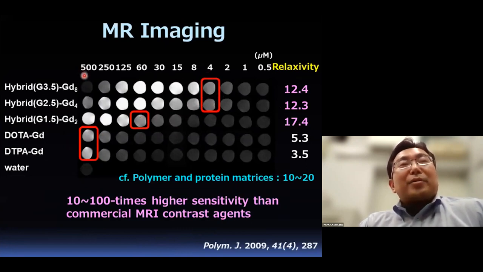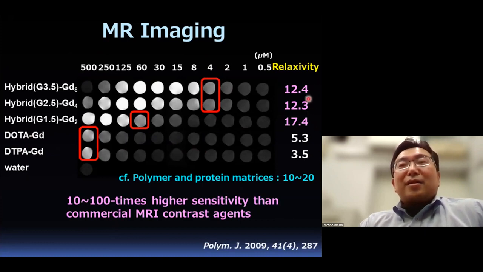And by comparing the minimum concentration values, we can accomplish detecting a clear image even with very low concentration. From these data, we think we can say that 10 to 100 times higher sensitivity can be obtained compared to the commercially available clinical MRI contrast agent.